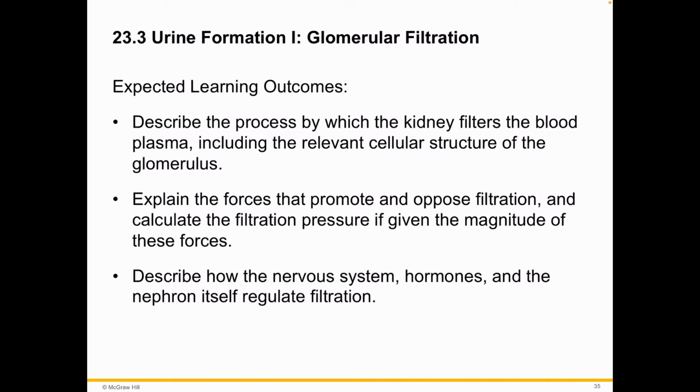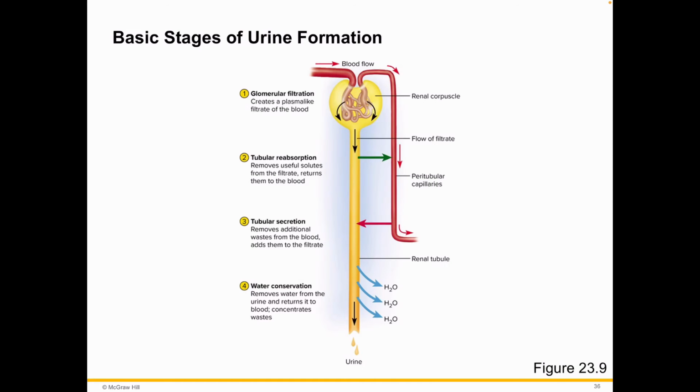Also, we're hoping that you can explain the forces that promote and oppose filtration, and calculate to some degree the filtration pressure if given the magnitude of these forces. And we're also going to hopefully have you describe how the nervous system, the hormones, and the nephron itself can regulate filtration. So let's go back to some of the basic stages.